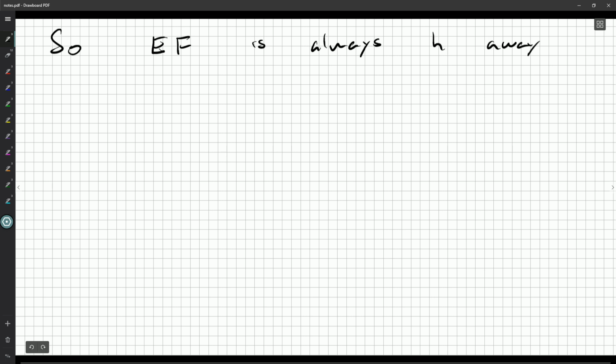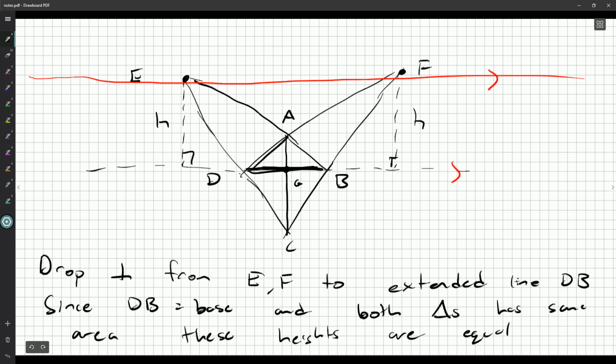Right, so we can just sort of wrap that up. We can say, so line EF is always H away from BD. Now, for a moment here, think about it. Just because I know two points on my line are a distance H away, how do I know the whole thing is distance H away? Imagine I had another point that was slightly closer.